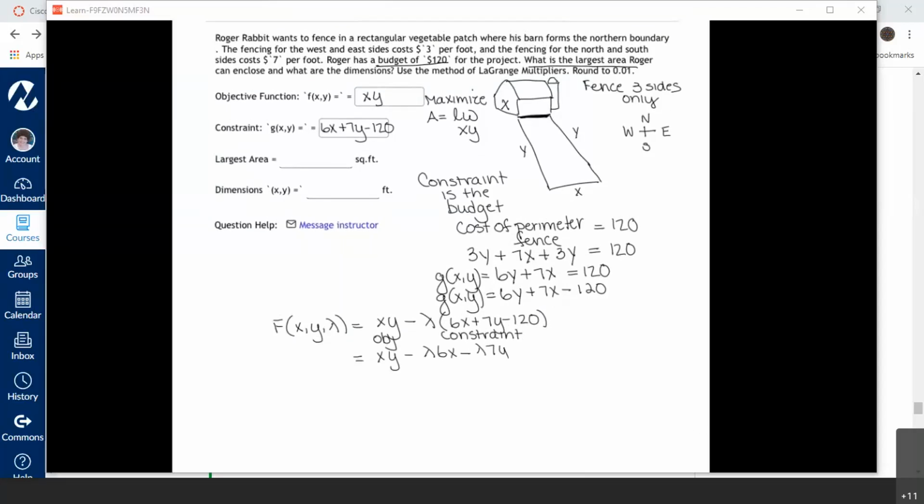I'm distributing my minus sign. Then you take your partial derivatives with respect to each of your variables, x, y, and lambda. Remember when you do this, only the terms with an x in them will give you anything, and every other variable comes across as a constant.